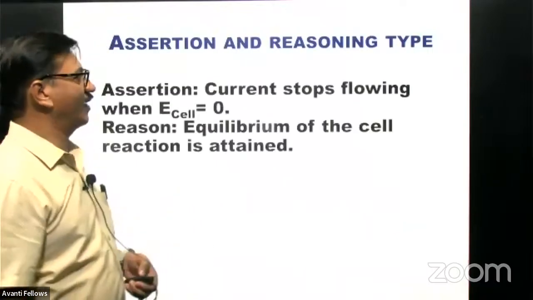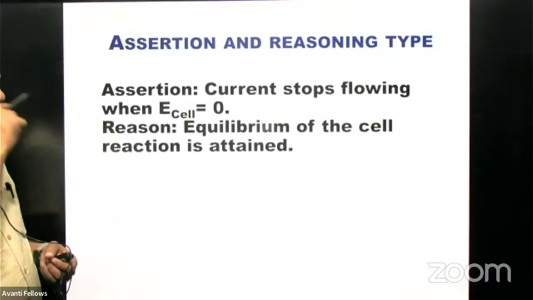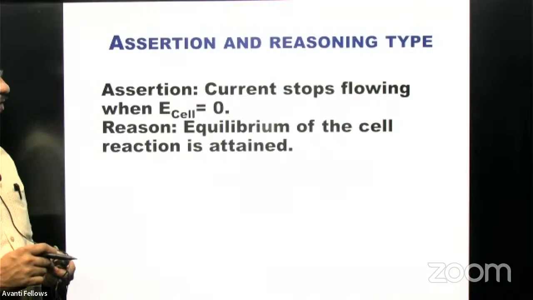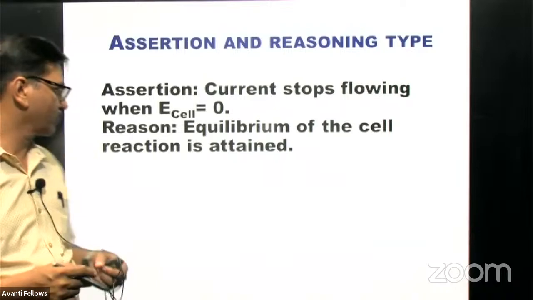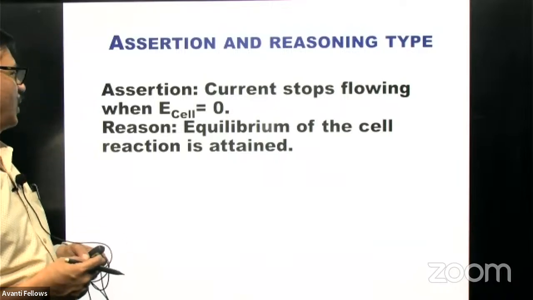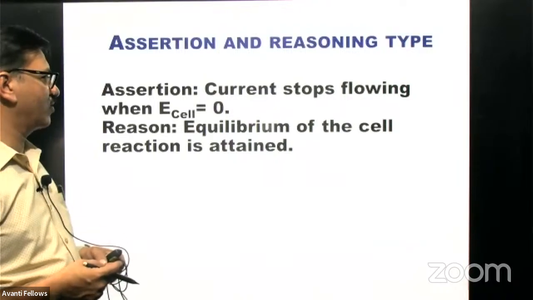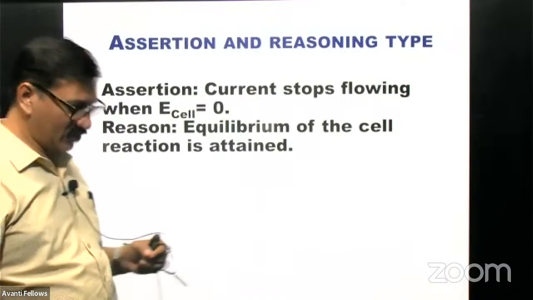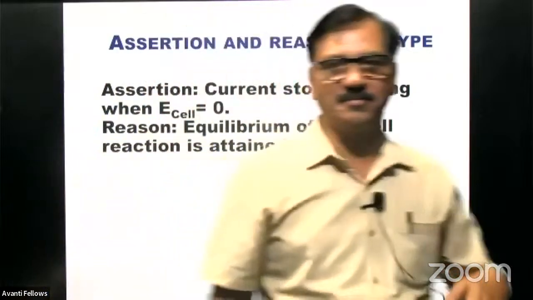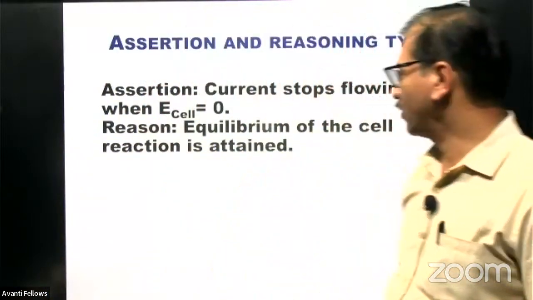Now, assertion and reasoning question. Assertion: current stops flowing when E of the cell is 0. Reason: equilibrium of the cell reaction is attained. Okay. So all the options.